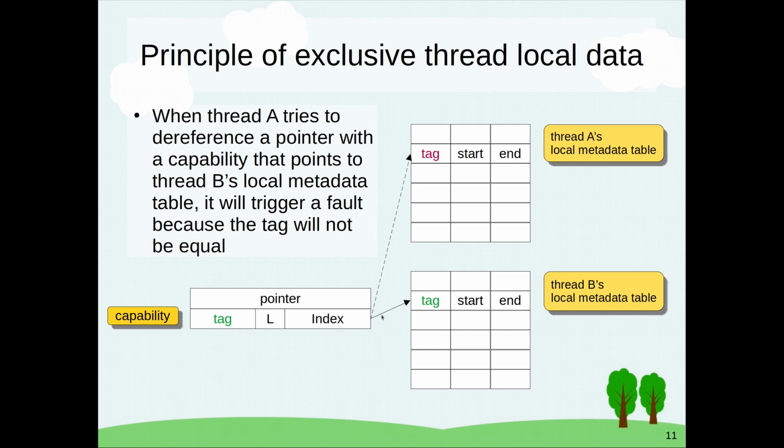And as you can see, only one of the local metadata tables will have a tag that is equal to the tag in the capability. So it means that only thread B can dereference this pointer. If thread A tries to dereference this pointer, it will trigger an error because the tags are different.